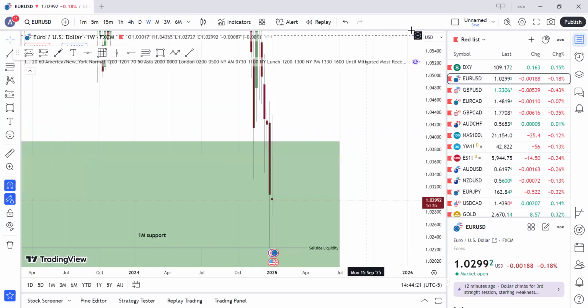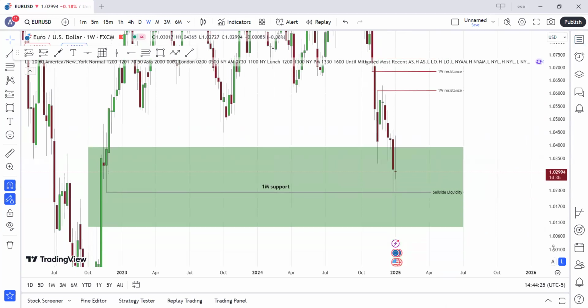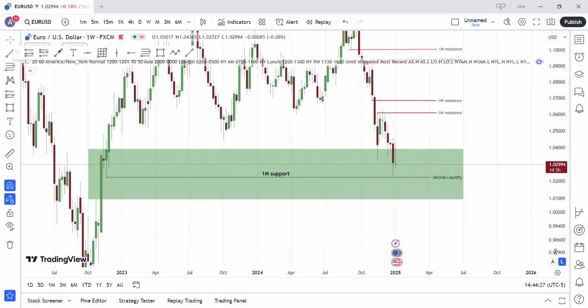Okay, we'll start on the weekly. As you can see on the weekly, we had a resistance area right here. We traded up just slightly into that.